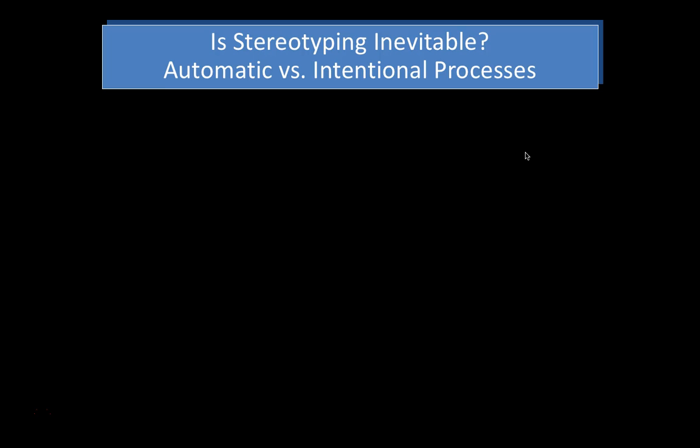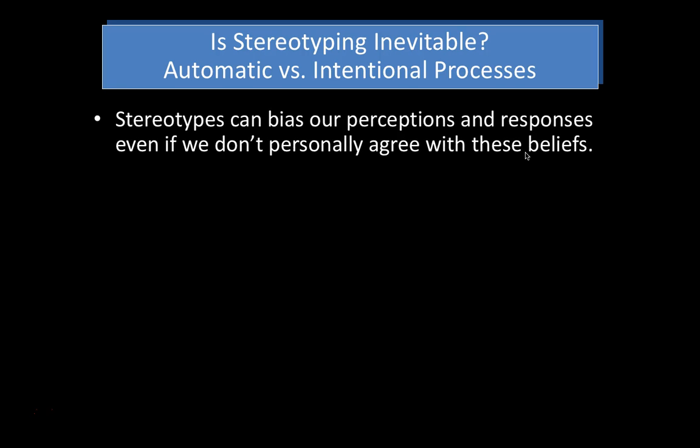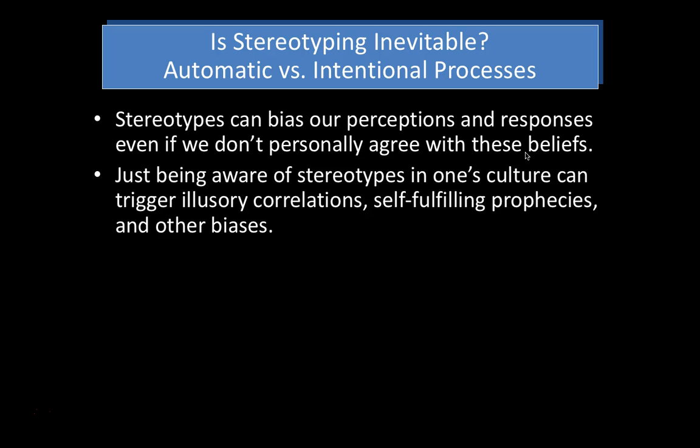Well, we've seen that bulleted summary, right? This is also the case: just being aware of stereotypes can trigger those illusory correlations. The stereotype could just have been formed by the illusory correlation, and it can be triggered in turn. Self-fulfilling prophecies and other biases.